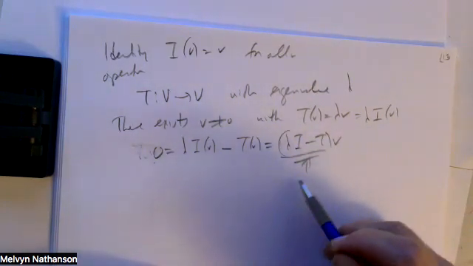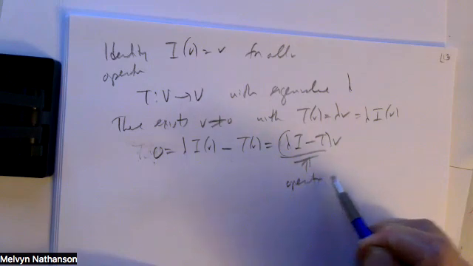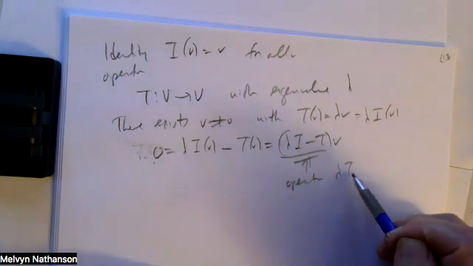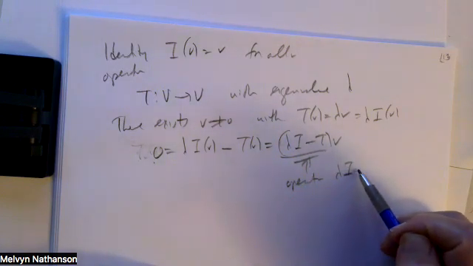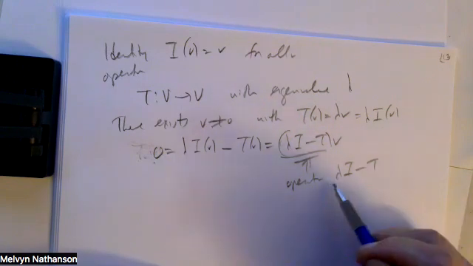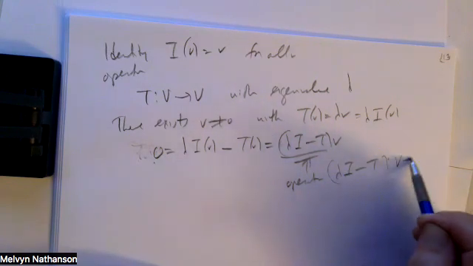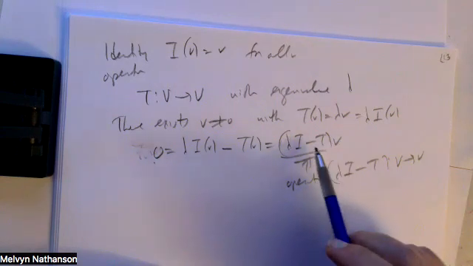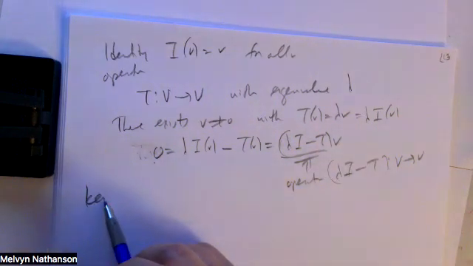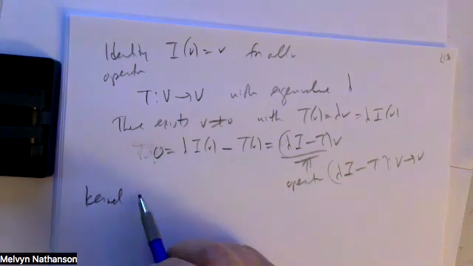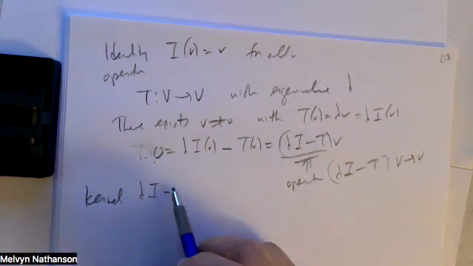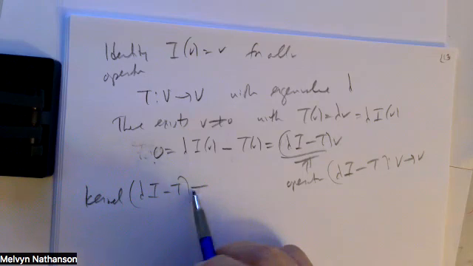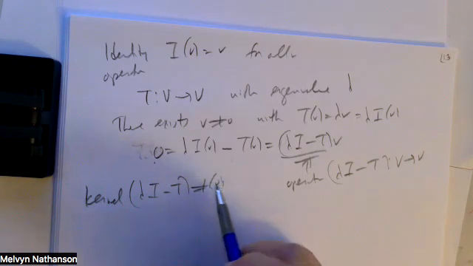So this linear operator, lambda I minus T, is a linear map from V to V. There's a non-zero vector v sent to 0. So the kernel of the operator lambda I minus T is not the 0 vector.